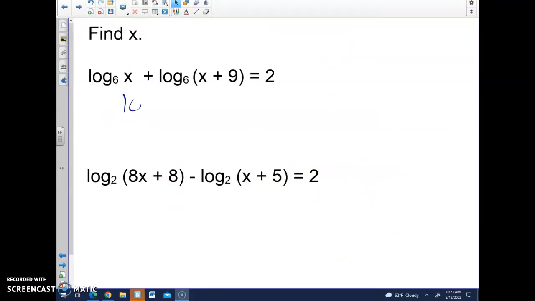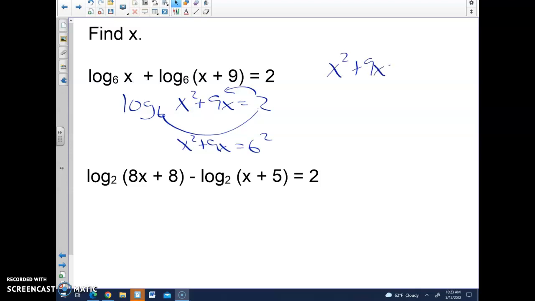Okay, so from here, log base 6, it's going to be x squared plus 9x equals 2. Hopefully you see we're just multiplying right there. Now, base raised to exponent equals this. So it's going to be x squared plus 9x equals 6 squared. So if I do the math there, x squared plus 9x equals 36, which is 6 squared.